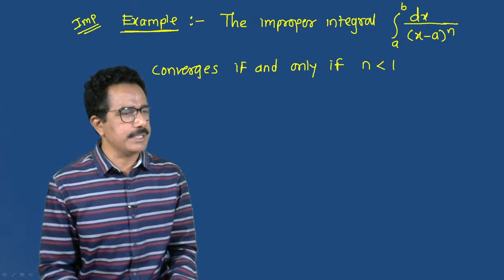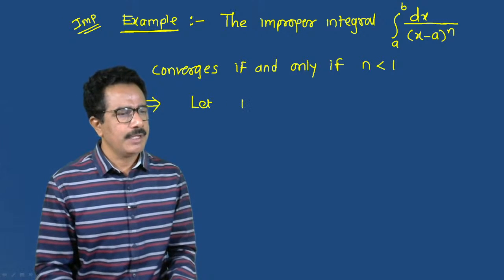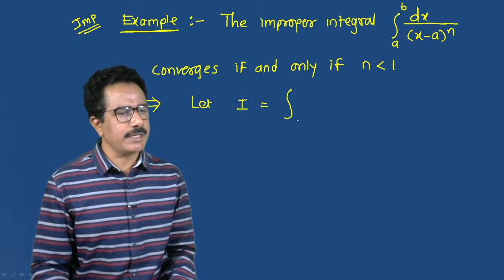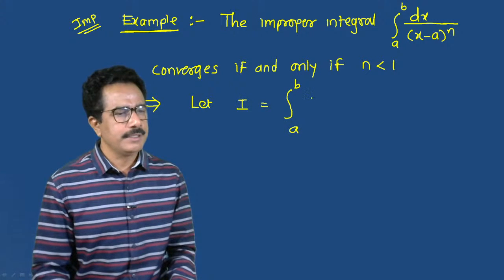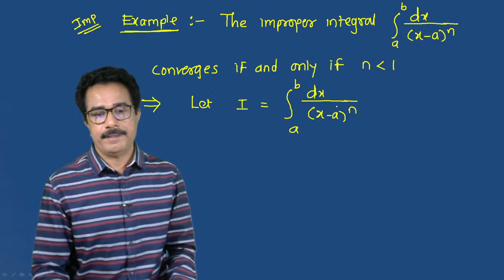Okay, now see this answer. Let I equal the integral from a to b, dx divided by (x minus a) raised to n.